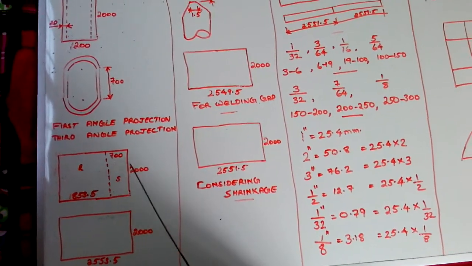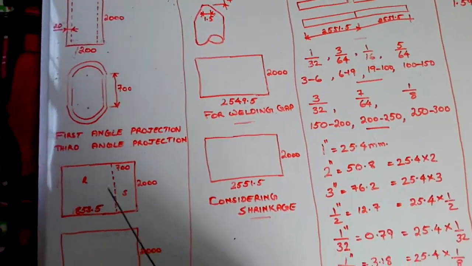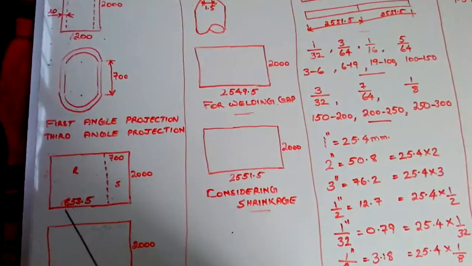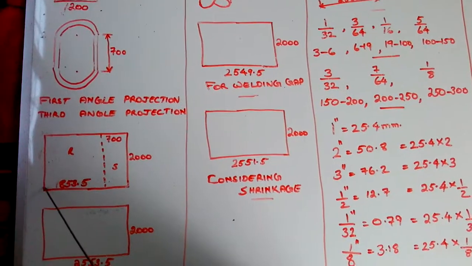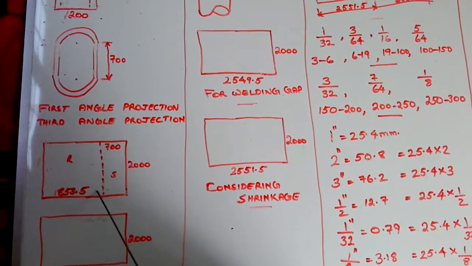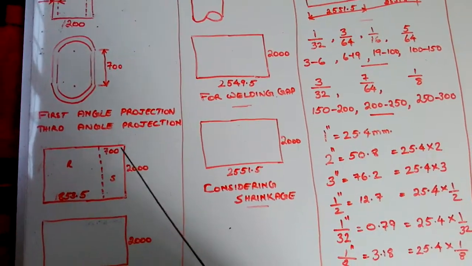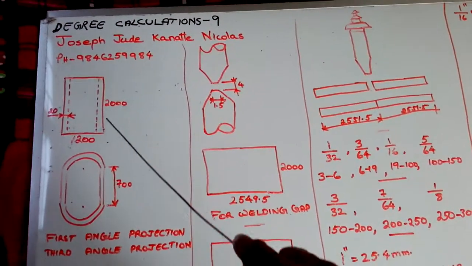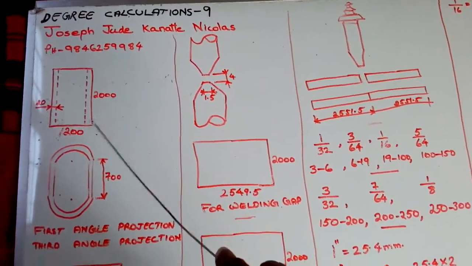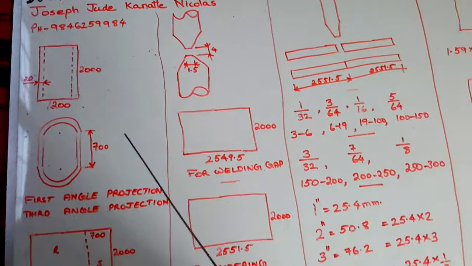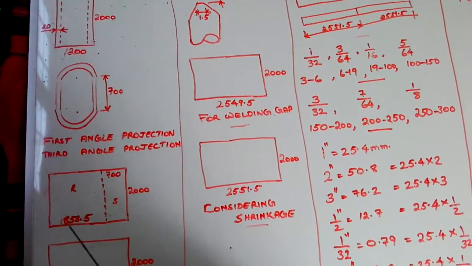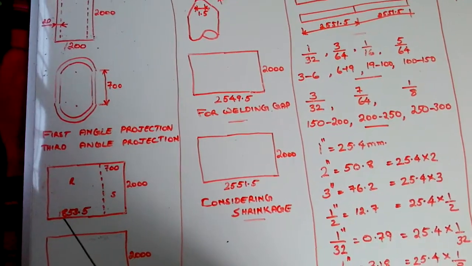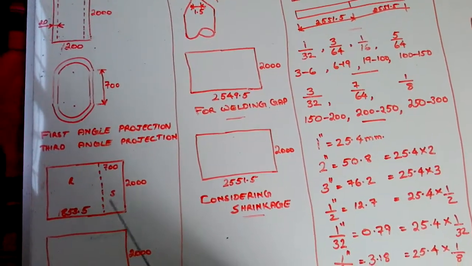This straight length is 700 mm and the rolled length is 1853.5, and its height is 2000. For making this kind of job, we have to use these measurements. What is the total of 1853.5 plus 700?